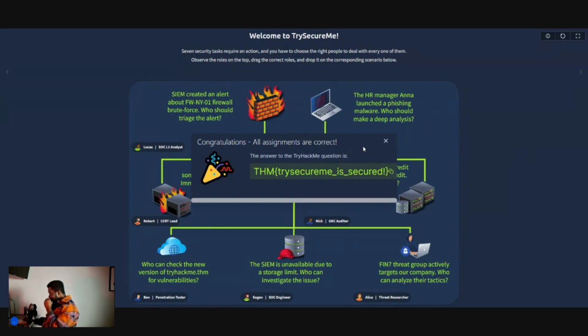Now, what we've just done is a challenge, and in cybersecurity it is usually called CTF, capture the flag. Capture the flag is you are being given a task. After undertaking that task, you'll be given a code like what we can see here. This is more like your trophy.